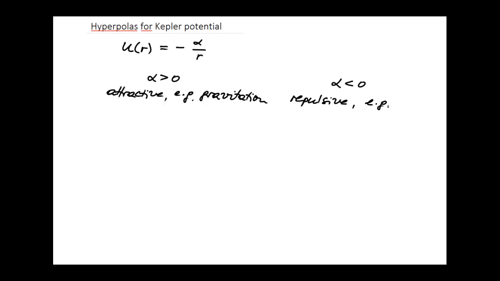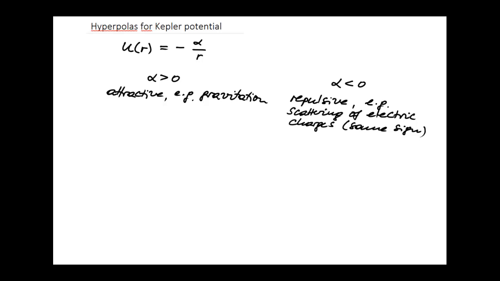And that is the situation that you have in the classic Rutherford scattering experiment, where you have positively charged nuclei that are scattered off each other. Now, we already discussed in the context of the Kepler problem that for bounded motion we have the shape of an ellipse.